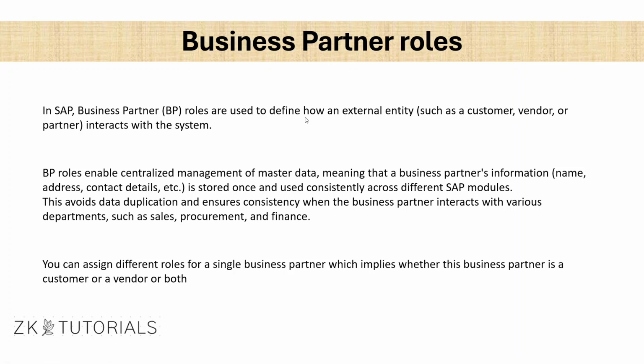Suppose we are purchasing goods from Tata and we are selling goods to Asian Paints. This is the second scenario which I am telling now. When we purchase goods from Tata, we will create a business partner role for Tata, and we'll extend that role to customer.